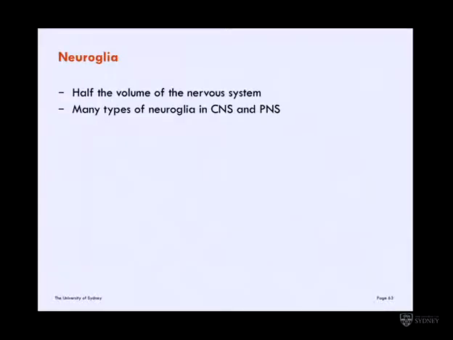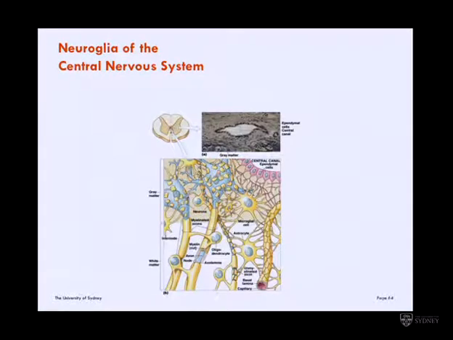Now, as I mentioned a couple of weeks ago, around half the volume of the nervous system, about 84 billion cells, are these neuroglia. There are numerous types of neuroglia in the central and peripheral nervous system. Some of them in the nervous system are these astrocytes. You have microglial cells, okay, and other cells as well.